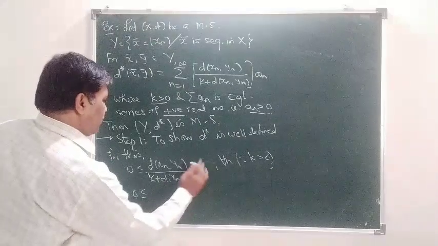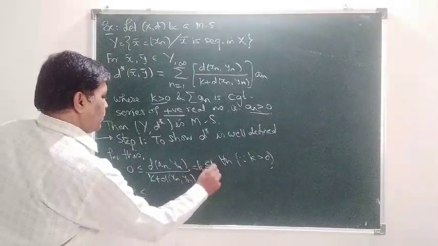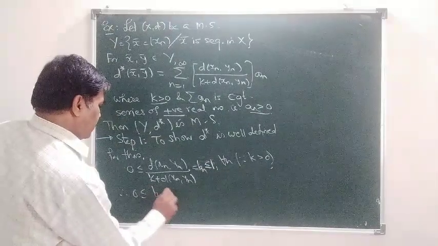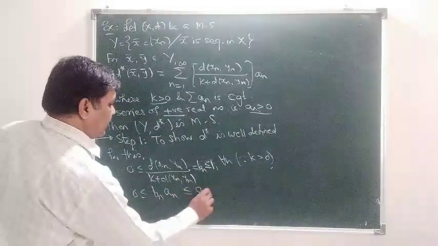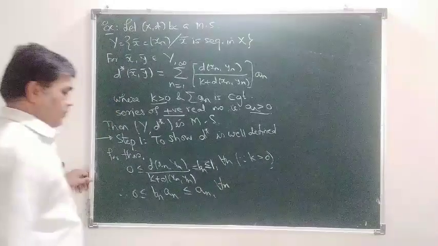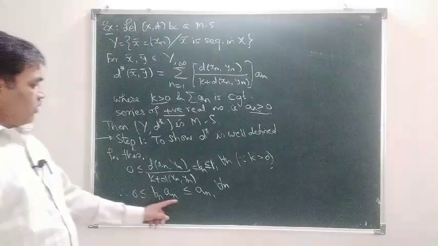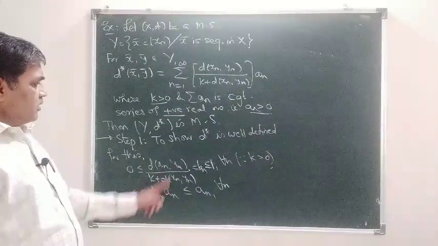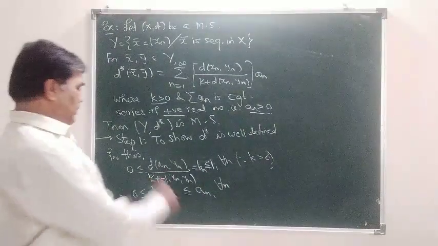and therefore if I take this to be bn, 0 less equal bn less equal 1, so bn into an must be less equal an for all n, because bn lies between 0 and 1.